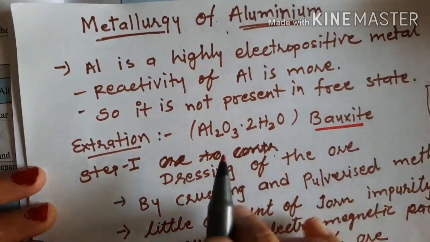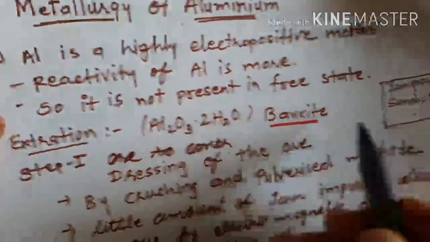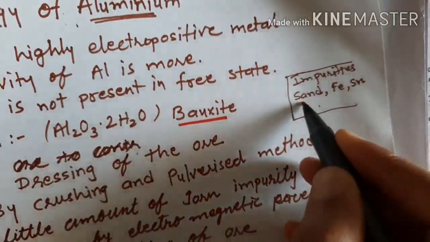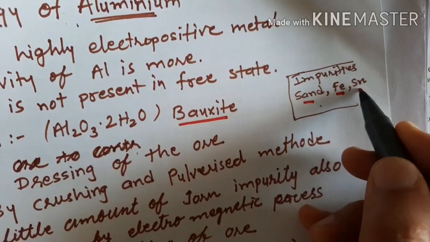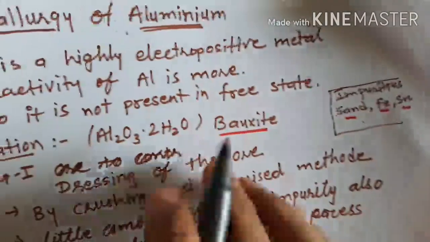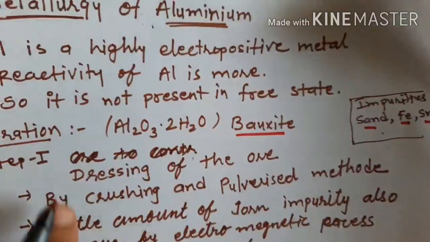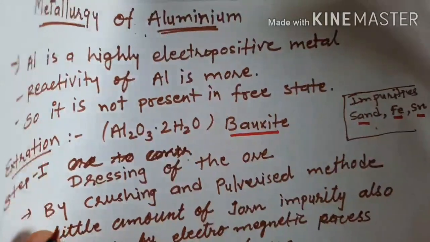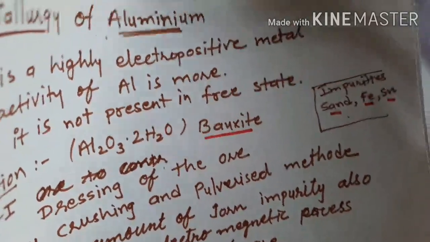Now in bauxite a few impurities are present, like sand, iron, that is Fe, or Sn. This type of impurity is present in bauxite. As we learned last time, there are some steps to concentrate the ore.